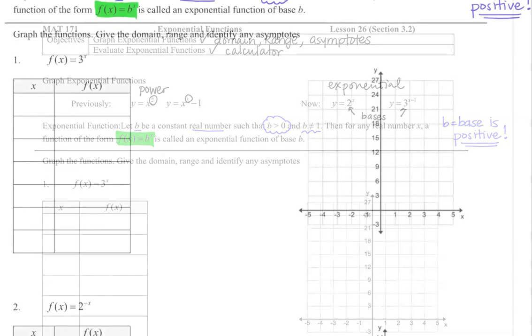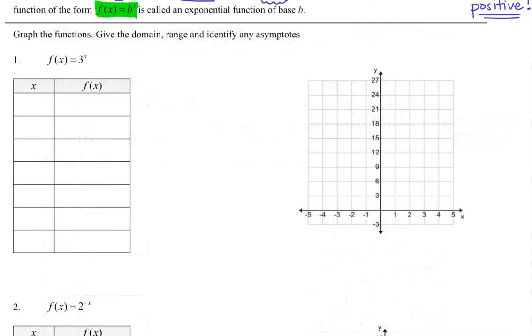Now we're going to look at our first example where we graph an exponential function. To graph the function, we're going to complete a table and plot points. I will fill in the table with x values, and then we will go and use a calculator to fill in the table with the y value.